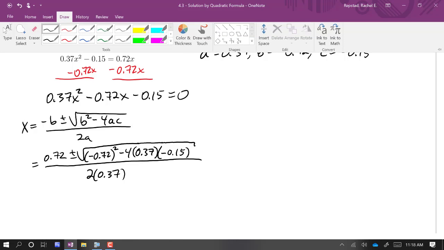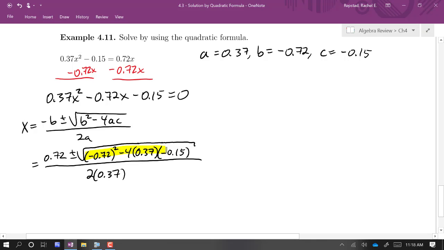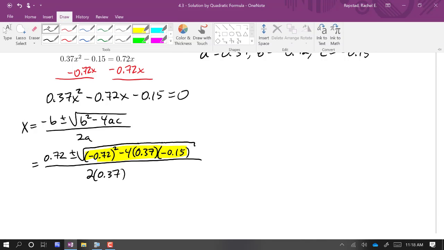I'm going to first use the calculator and figure out what we have inside the radical.